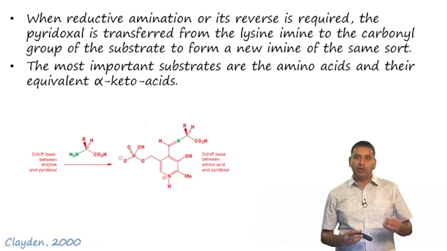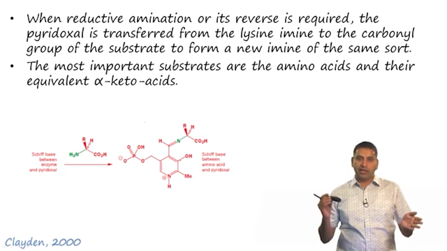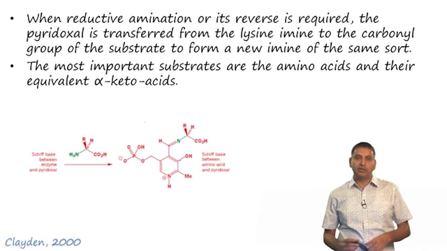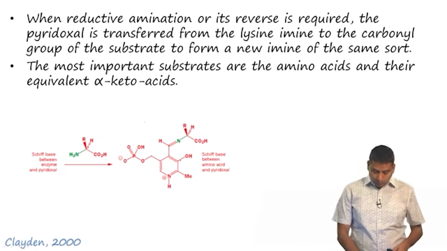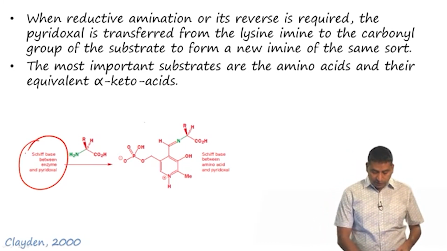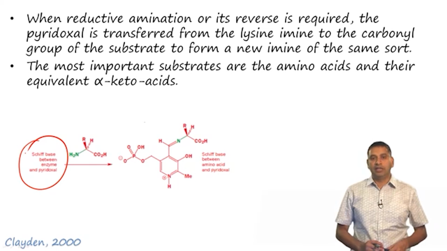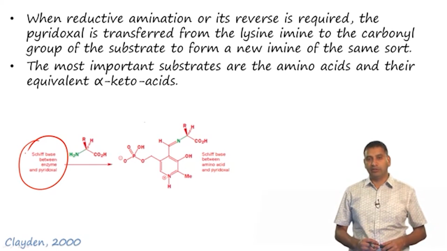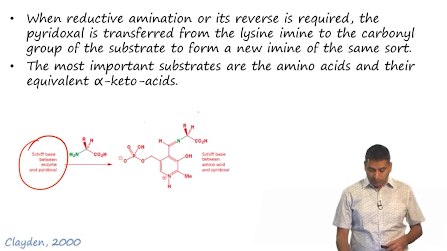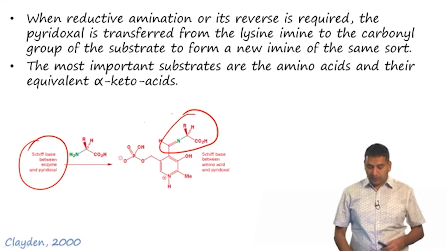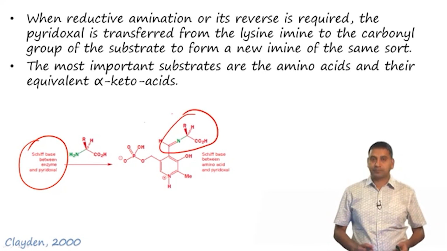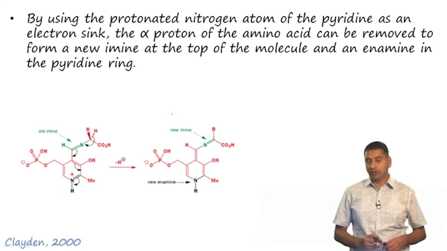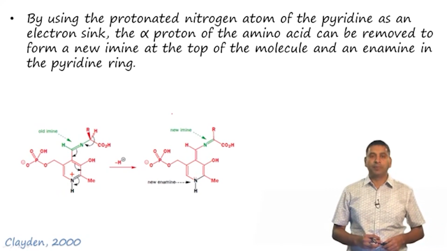The most important substrates are the amino acids and their equivalent alpha keto acids. Here, what we need to consider is that the formation of the Schiff base is going to be the key step in this process. Once the imine is produced, it is going to react further and give you the corresponding amine.